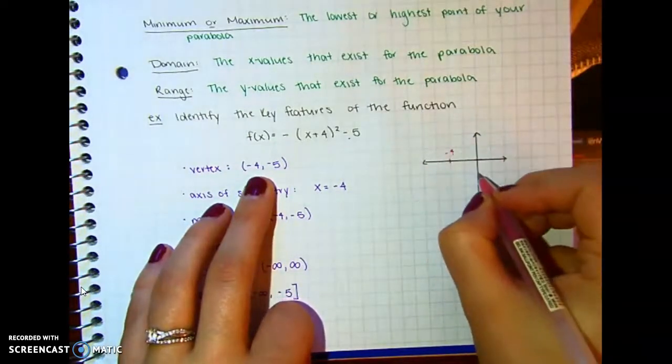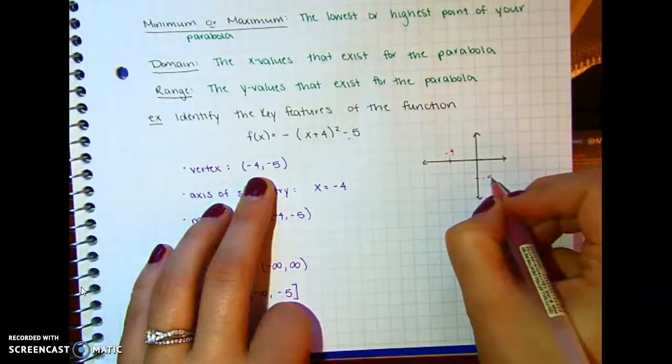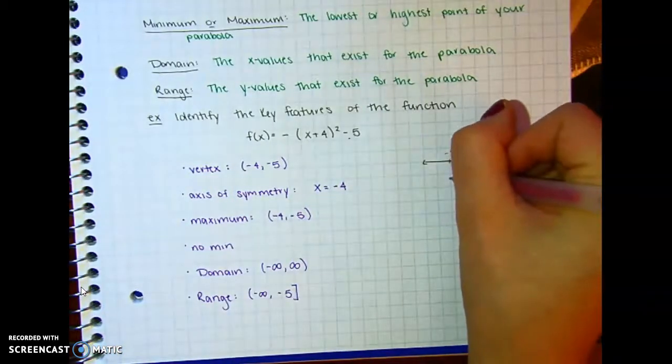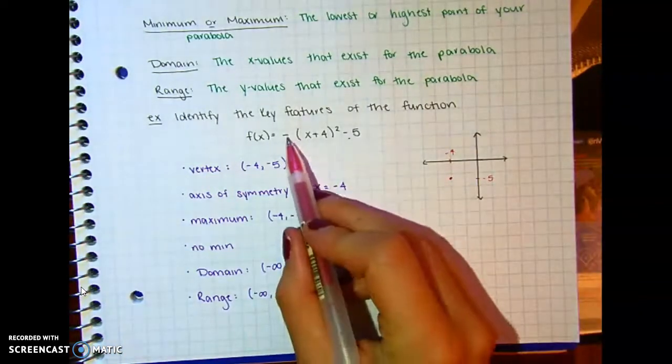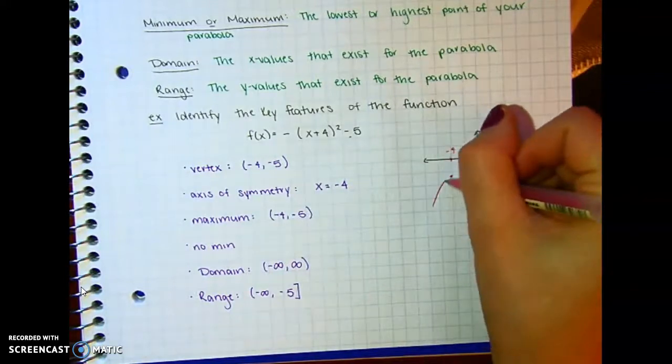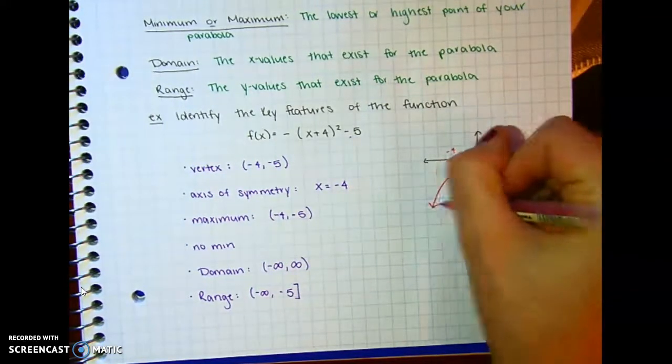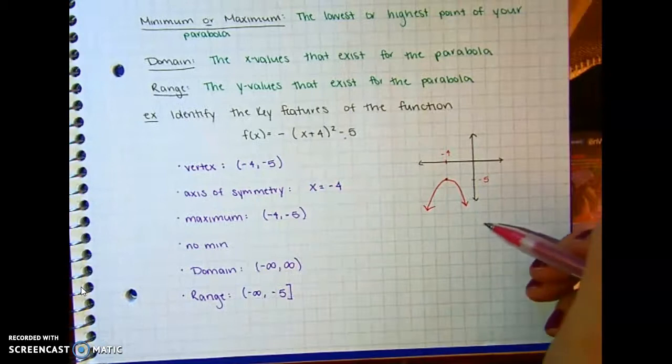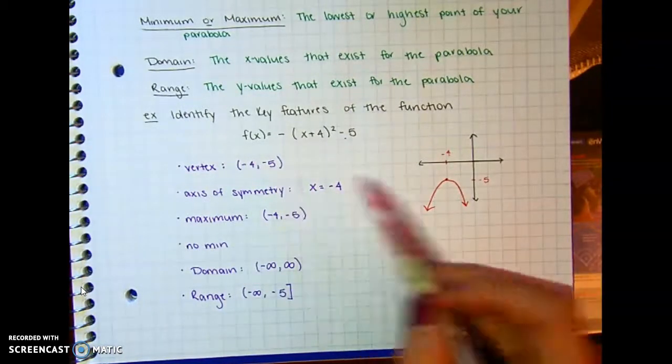I'm going to call this negative 4. And I'm going to call this negative 5. So my vertex would be here. Because it's reflected, my graph will look something like this. And that's just a nice visual to help you. So, okay, my vertex is here.